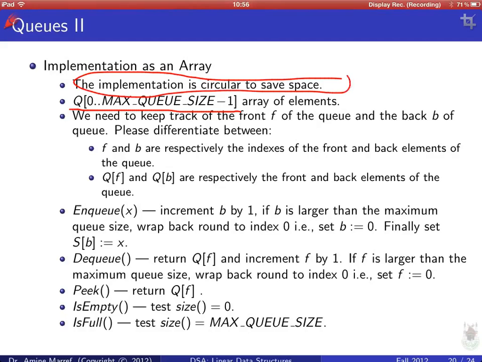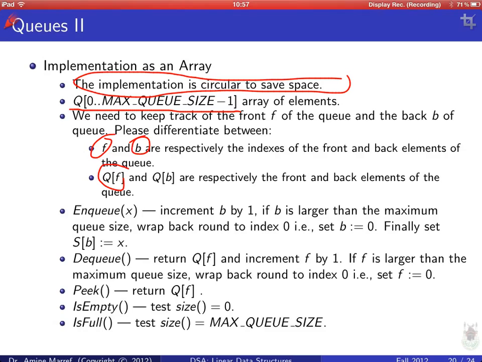Okay. So, enqueue C, how do we program that? Increasing back, so back plus plus. So back now, instead of pointing here, is pointing here, right?